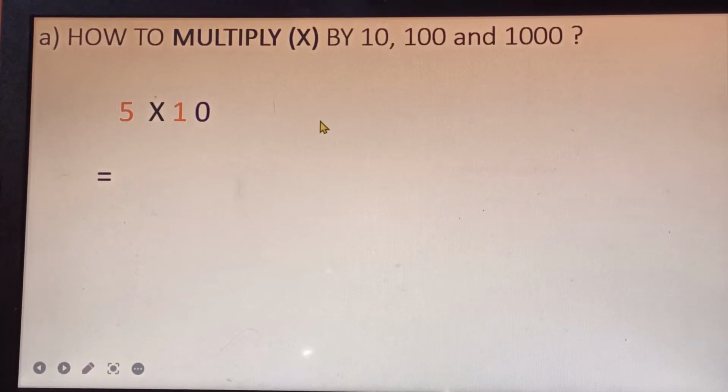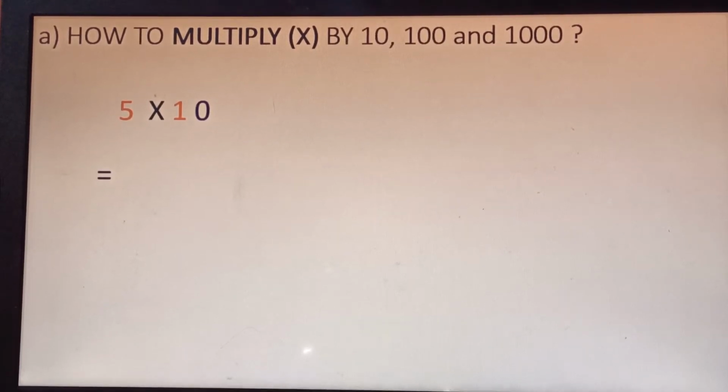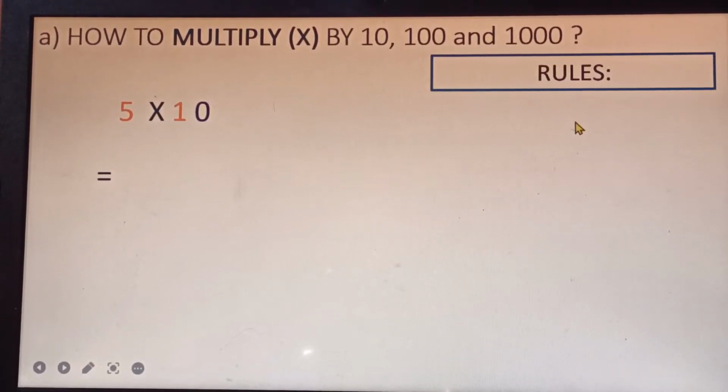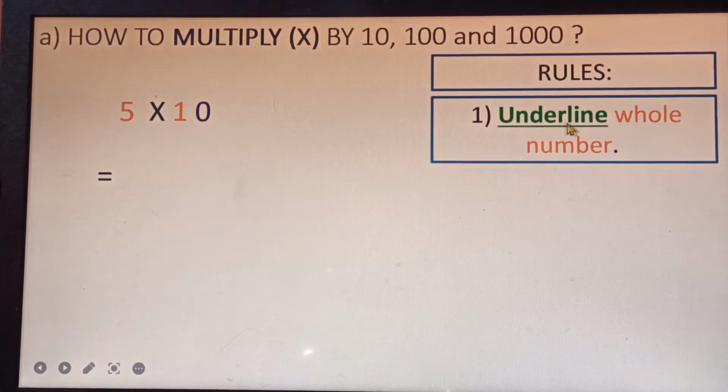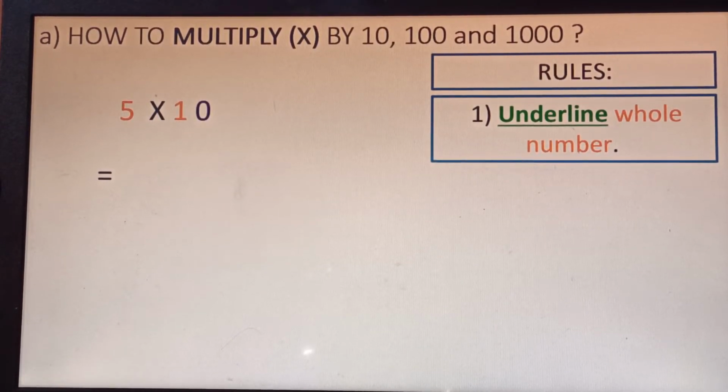How to multiply by 10, 100 and 1000. Let's look at the rules. Seperti biasa ada rulesnya, ada stepnya. Step 1: underline whole number. Which one in 5 times 10 is the whole number that teacher can underline? Whole number adalah 5.